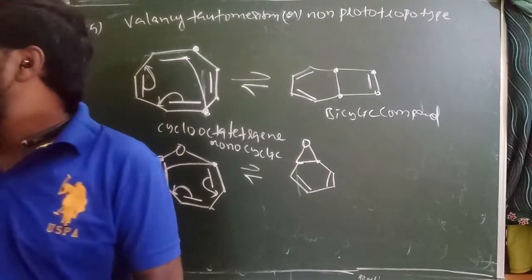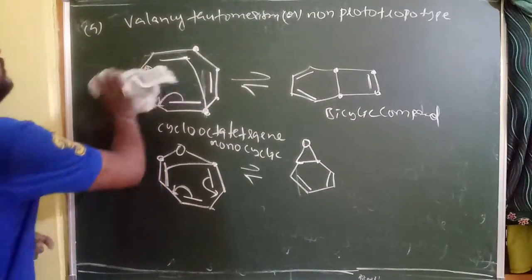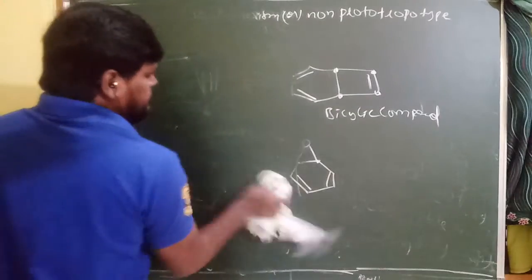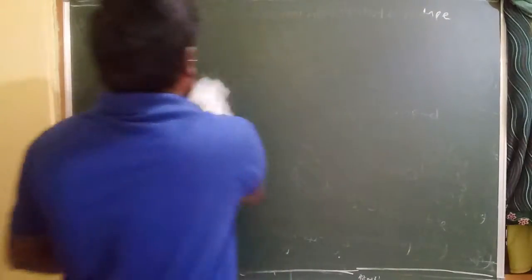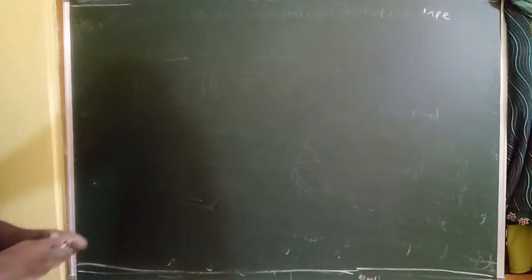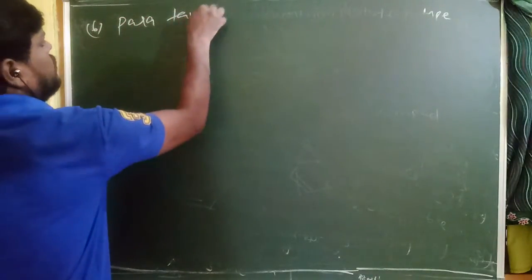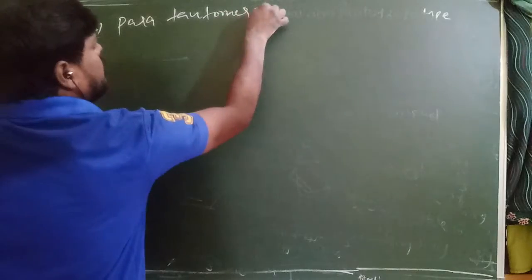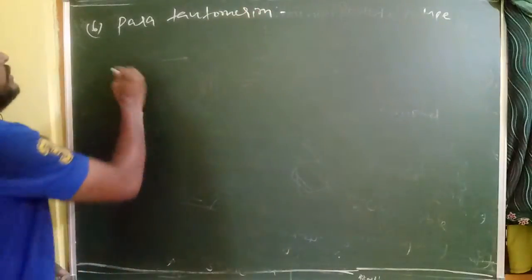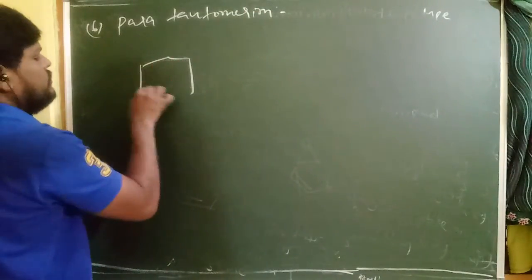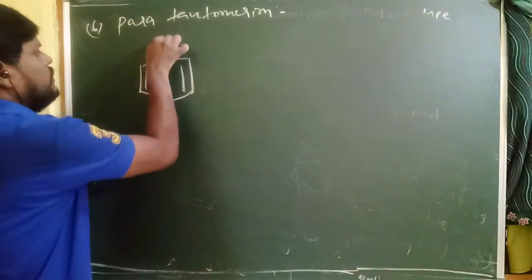And the last one, the last type of tautomerism. Sixth one, para-tautomerism. Right? Here, let us take one example to understand what para-tautomerism is.